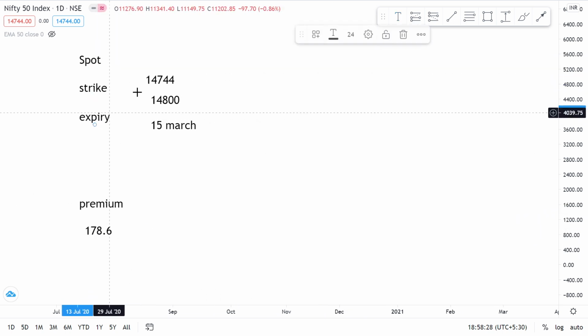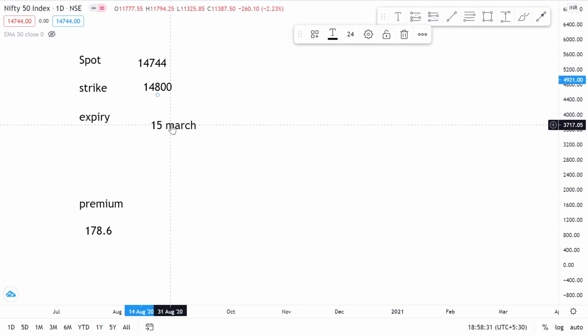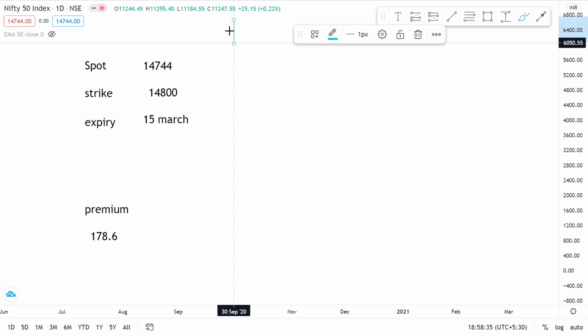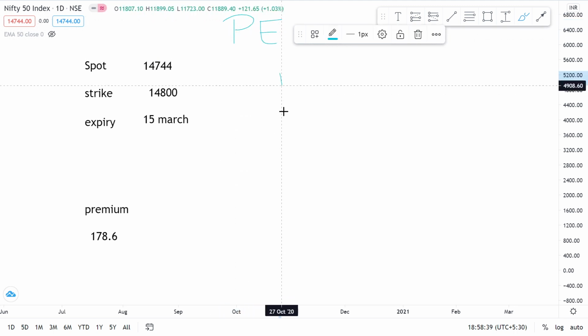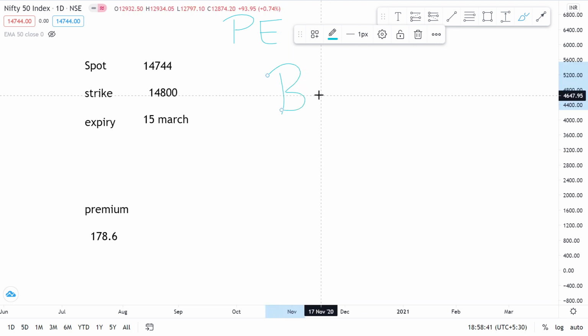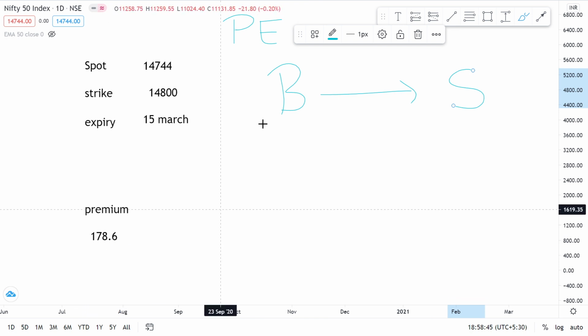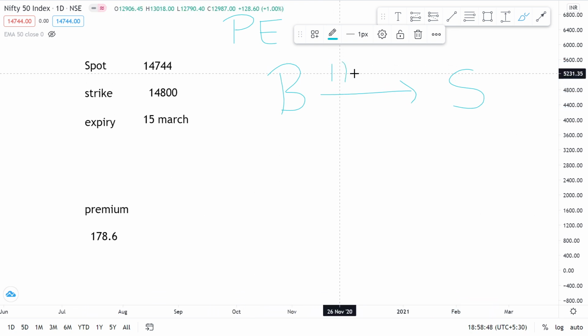Now for a put option, what these values represent are, a put option is represented by P. So the buyer, again here as well, the buyer pays the premium to the seller. That is, buyer pays 178.6 today, right now, to the seller.